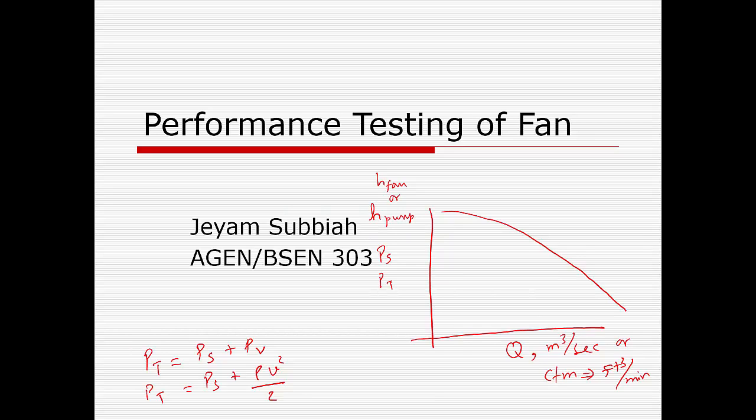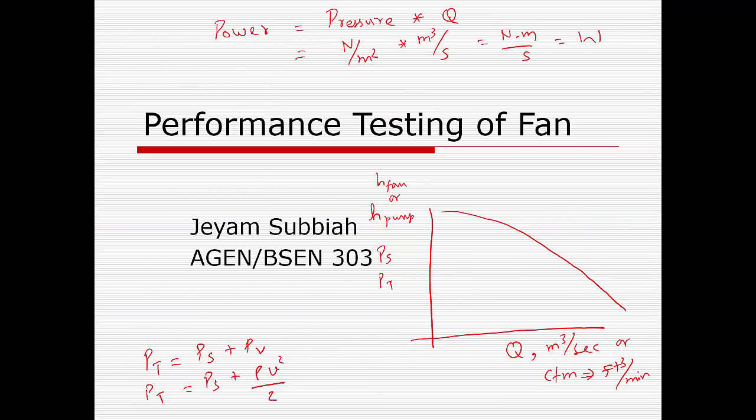It is monotonously decreasing. Why is it decreasing? Because the power is equal to, if you remember, the static or the total pressure times the flow rate Q. In terms of the units, Newton per meter square times meter cube per second, which is Newton meter per second, which is watts.